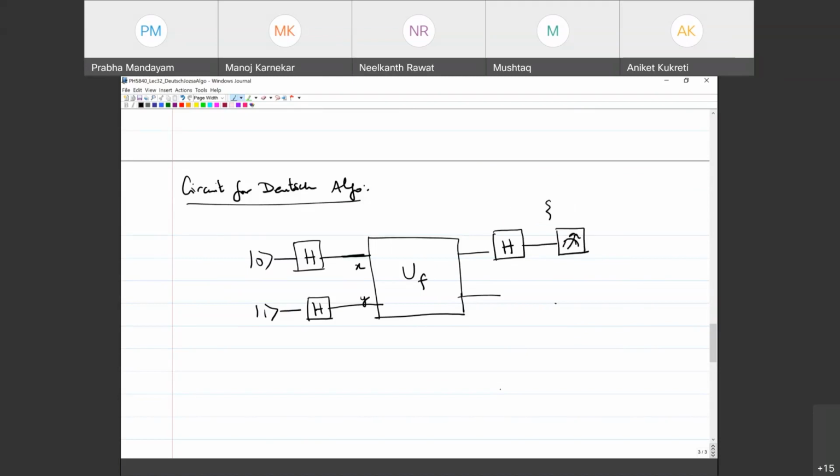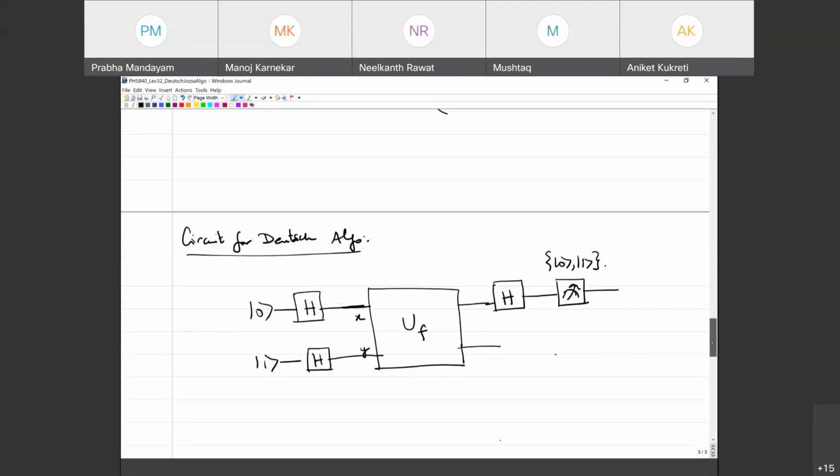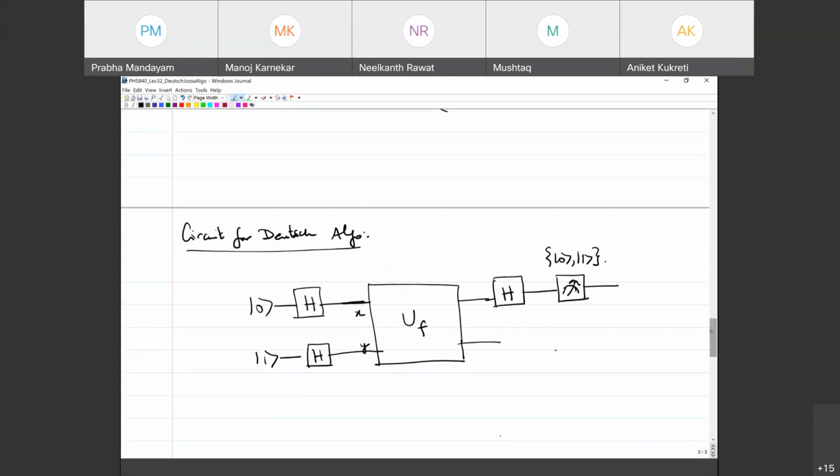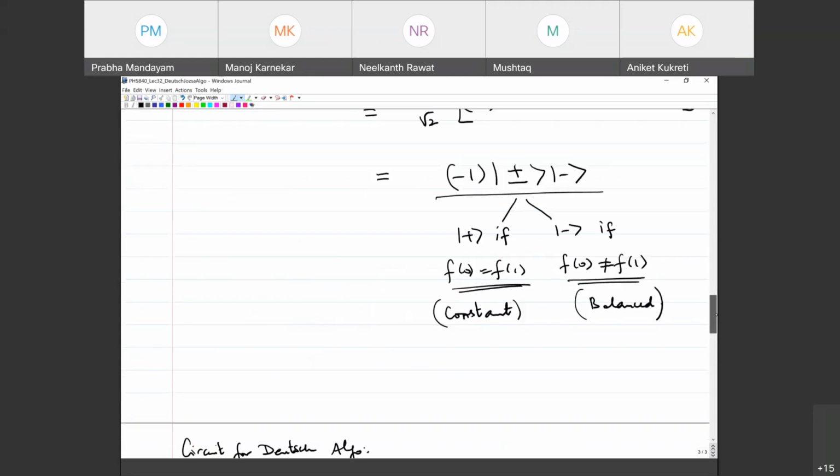So we have to be very careful with the final measurement step, right? You don't want to mess up all the good work you have done by measuring in some wrong basis, and completely collapsing the state without getting information. But this way, I will get information because now if I apply a Hadamard here, this is going to become a 0. If I apply a Hadamard here, this is going to give me a 1. So now I know that if my output is 0, then it's constant.